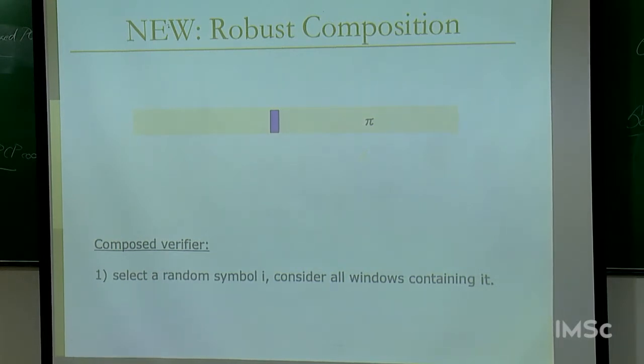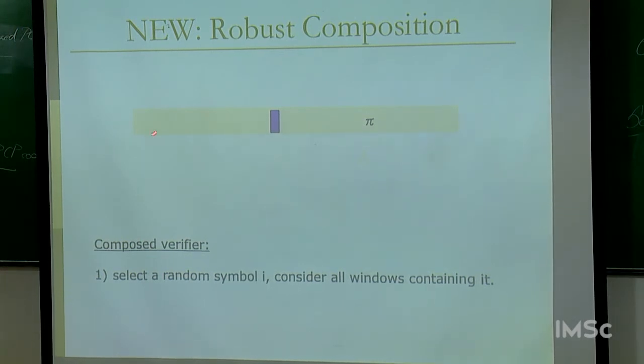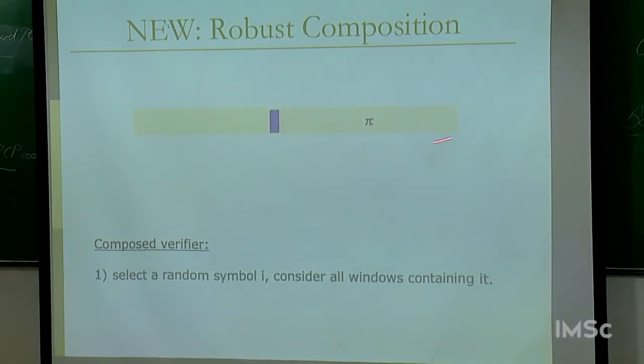So we'll do a new composition theorem in which there's no logical split of an outer and an inner, yet it will still be a composition of an outer proof and an inner proof. How does this work? This is the outer proof. Let's pick a random location in the outer proof and look at several outer windows that contain this location.